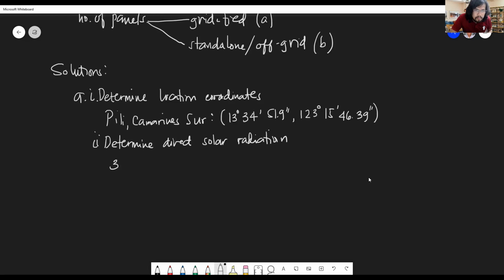We have the direct solarization as 3.95 from the table from the database. Direct solarization, let's identify it as RD equal to 3.95 kilowatt hours per m squared per day.